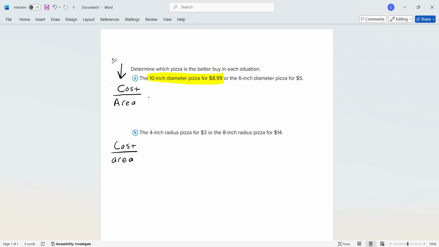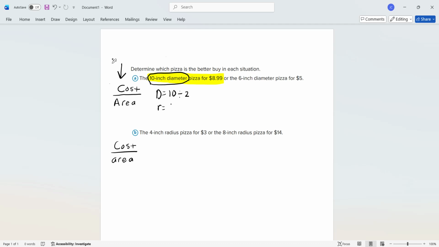First I need to figure out my area, because I already have my cost. My cost was $8.99, but I don't have my area. The problem says a 10-inch diameter pizza, so I know that my diameter is 10, but I need a radius if I'm going to do area. So I'm going to divide my diameter by 2.